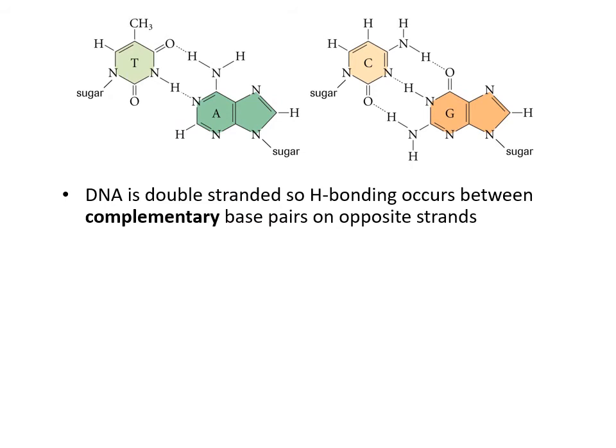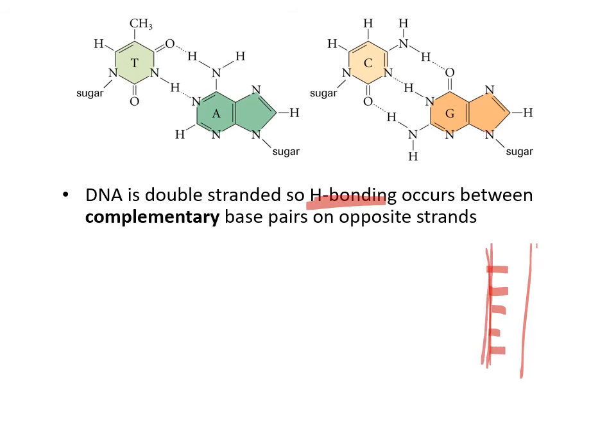So DNA itself, when it forms, it's going to be double-stranded. So you have these two parallel strands of nucleic acid chains running along each other, and they are going to hydrogen bond to each other. I'm sure you have seen DNA depicted as a ladder.